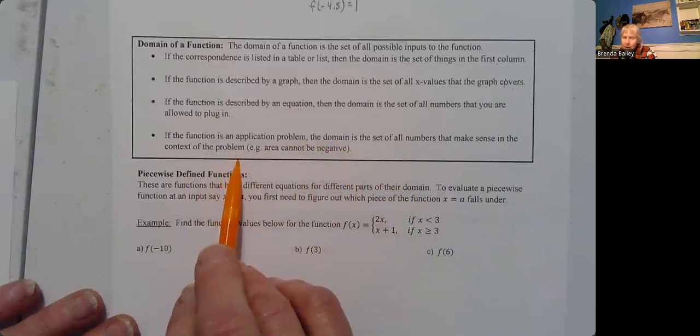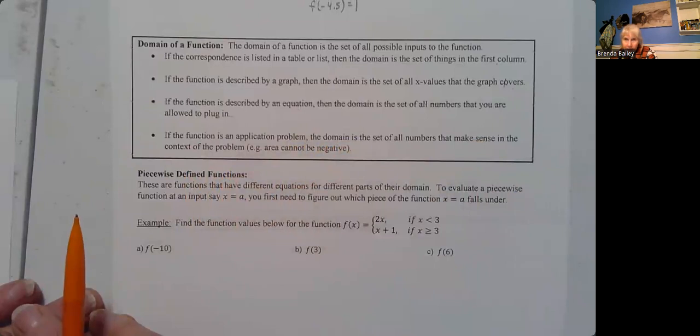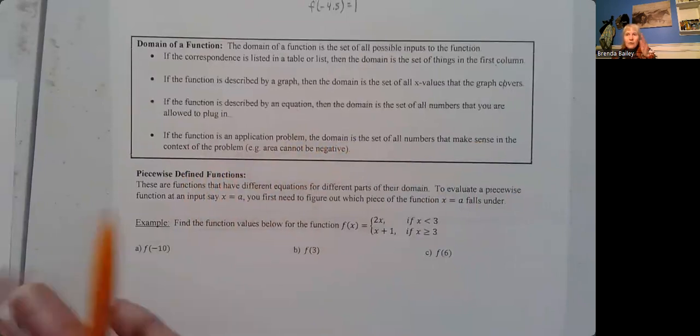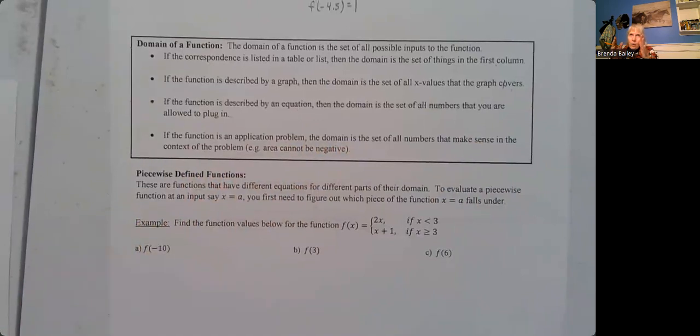Like if area cannot be negative, a length and width cannot be negative. So your domain would be from 0, because even if it's 0, you won't have a length or a width, or maybe distance is 0, time is 0. You don't have a lot of negatives in the application problems. So the domain would be from 0 to whatever, and we'll look at those later.